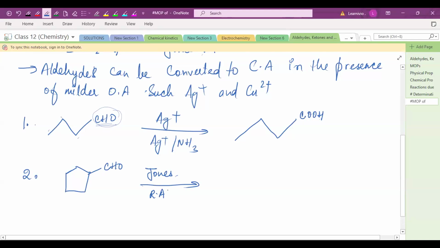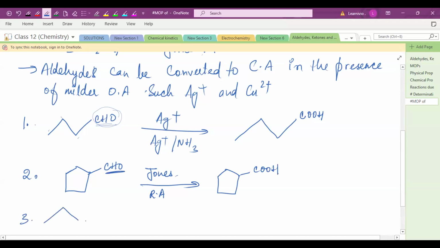So the aldehyde can be oxidized with a strong oxidizing agent तो करेगा ही, but it can also be oxidized to a carboxylic acid by a milder oxidizing agent. Milder oxidizing agent भी ये easily कर देता है aldehyde को carboxylic acid में convert. So this Jones reagent will convert this CHO group to a COOH group, carboxylic acid.